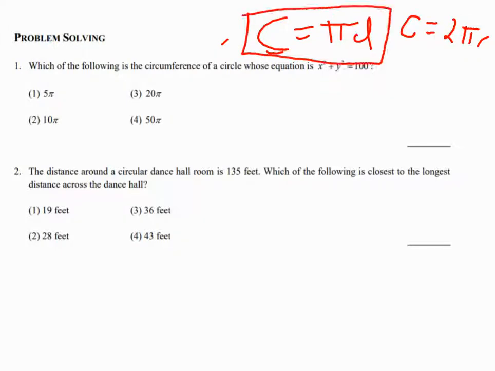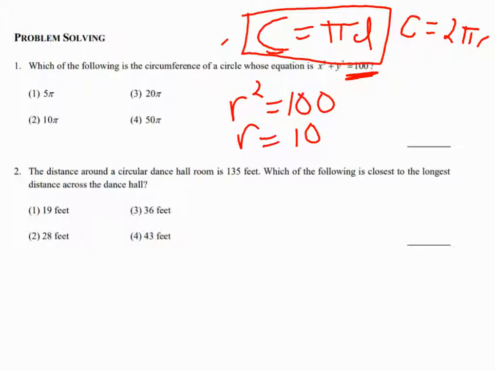Number one, which of the following is the circumference of a circle whose equation is x squared plus y squared equals 100? If you remember, in this equation, that 100 is the radius squared. So r squared is 100, and the radius is the square root of 100, which is 10.